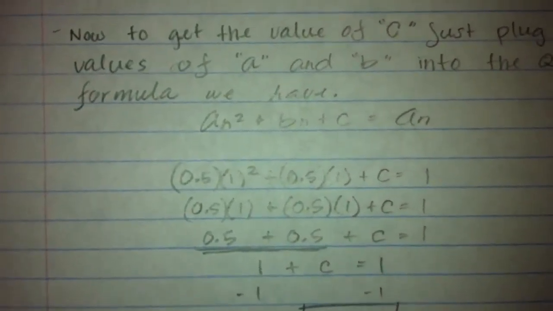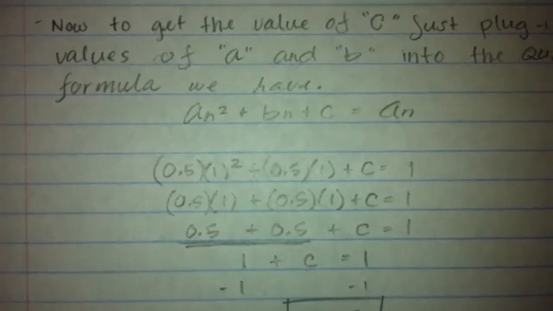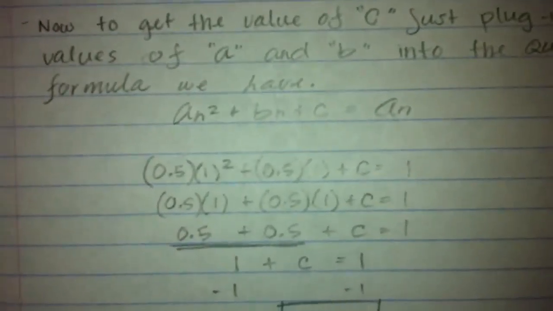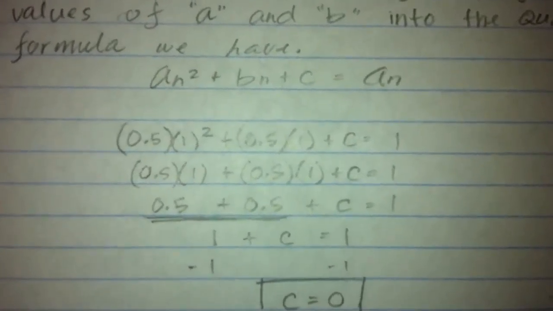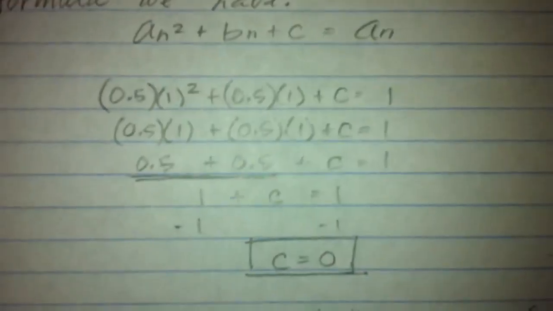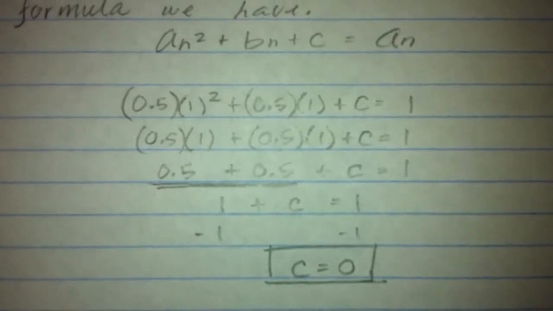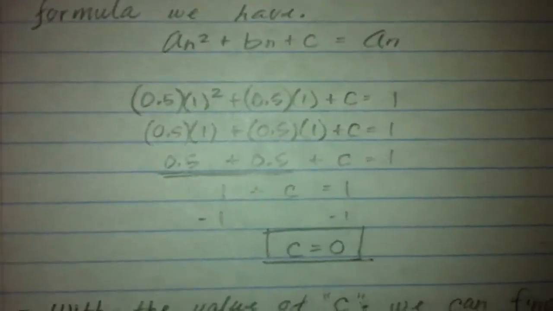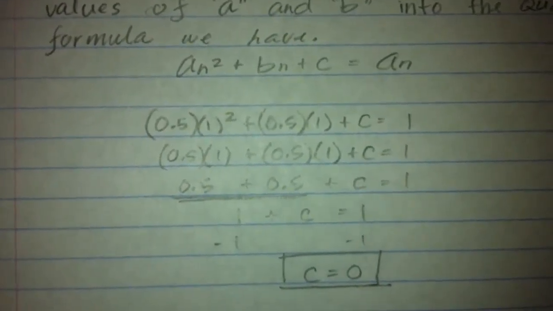Now to get the value of c, just plug in the values of a and b into the quadratic formula we have, which is an squared plus bn plus c equals an. So we are still using a1, so we multiply it by the substituted values of a and b.